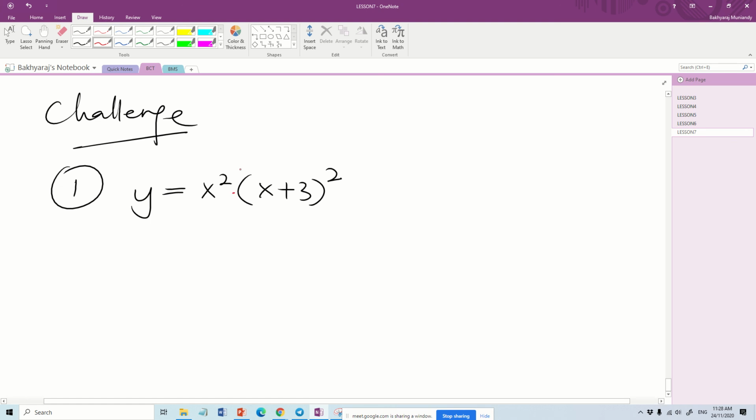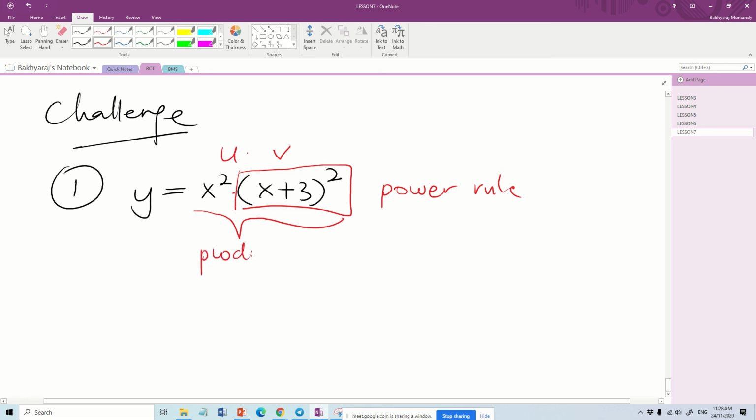Ini dot, maksudnya u dot v. But when we do v, we must use power rule. Yang ini kita kena guna product rule. So dia ada dua formula yang kena guna sekali ya.